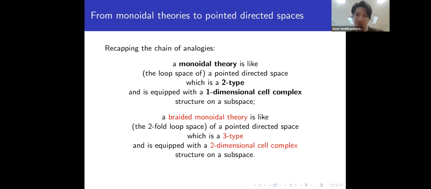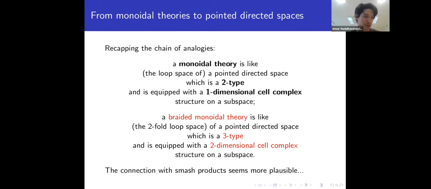So if you accept this analogy, then the connection with mesh products should become a little more plausible, because now the sum of the dimensions match. Because if we take a mesh product of two spaces which are loop spaces, we do get a twofold loop space.